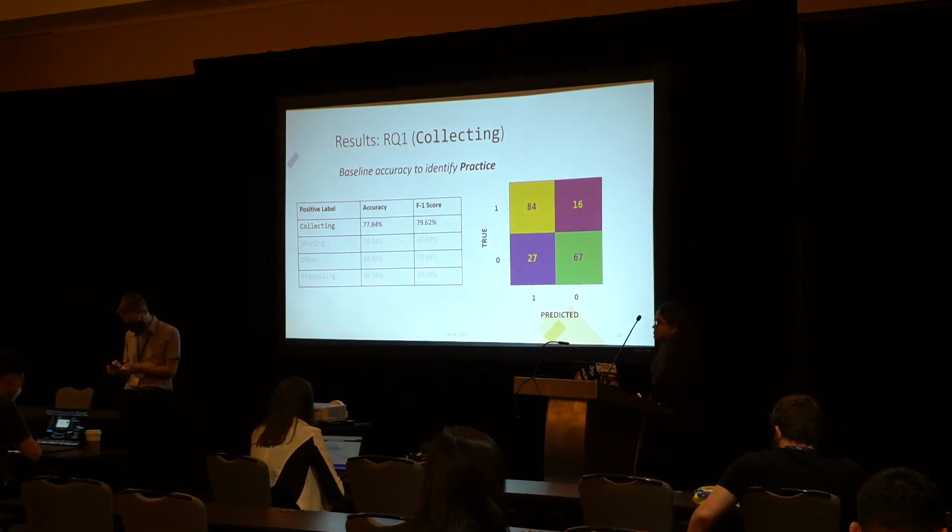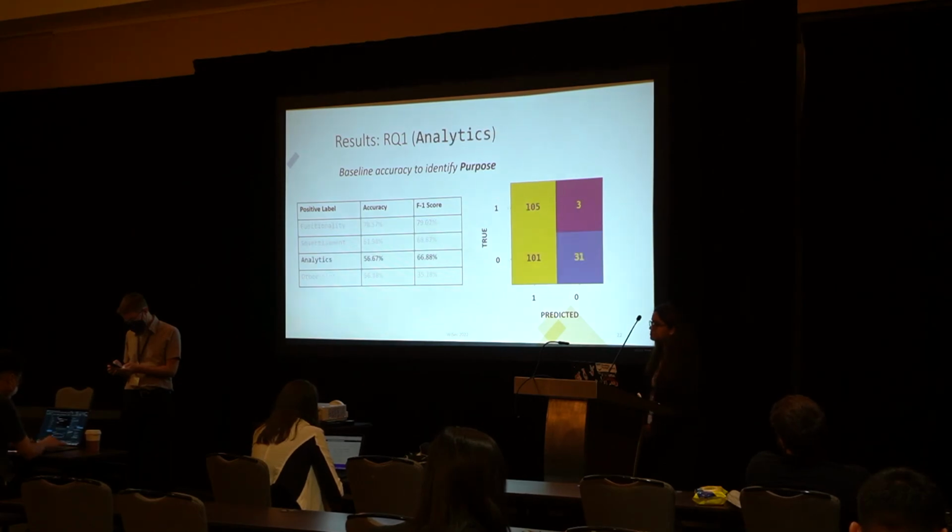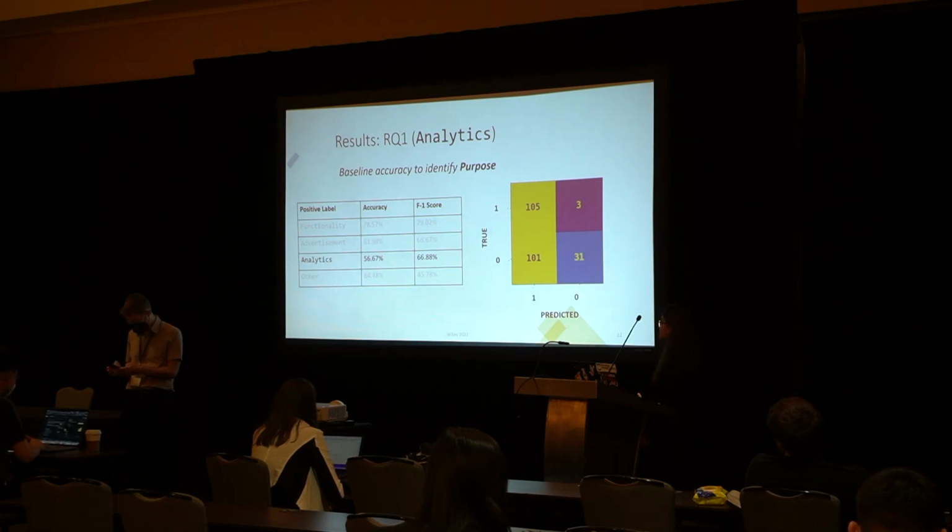But one of them had 101 and 105 for the analytics. You mentioned the true reason for such high false negatives is some third-party libraries. Can you clarify more or expand more on it? What is the primary reason for such high false negatives?